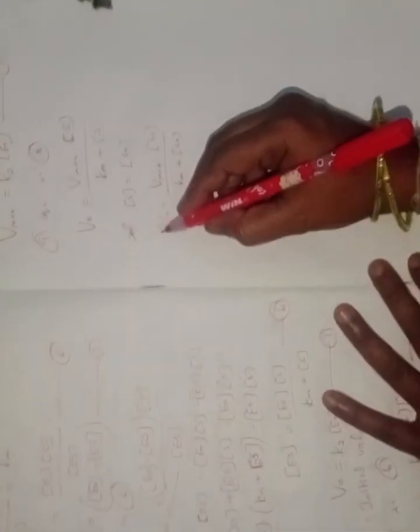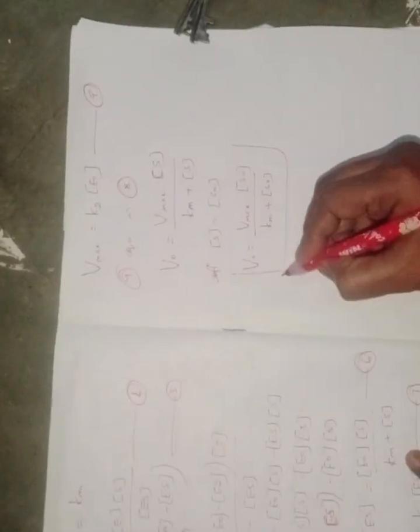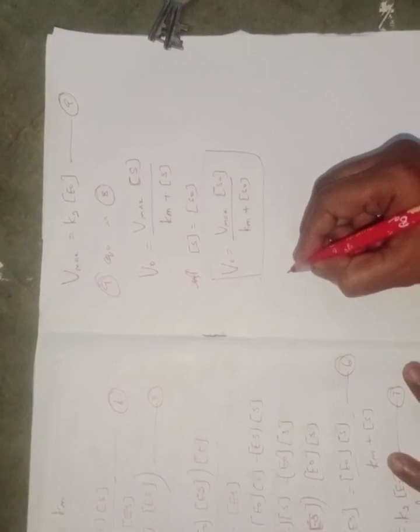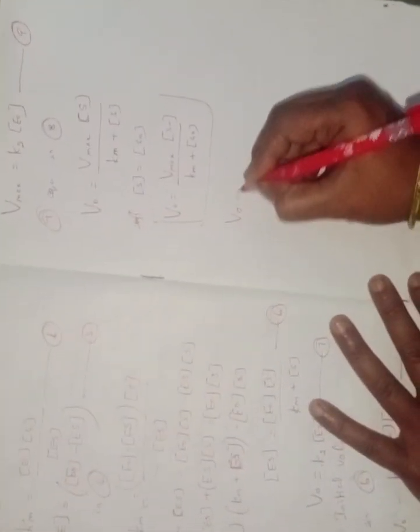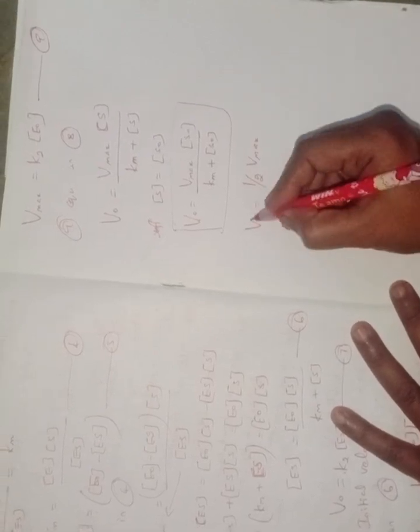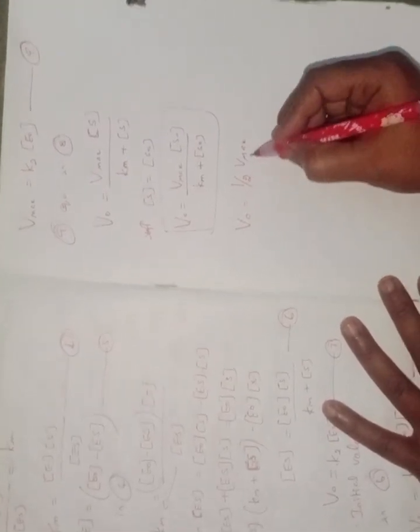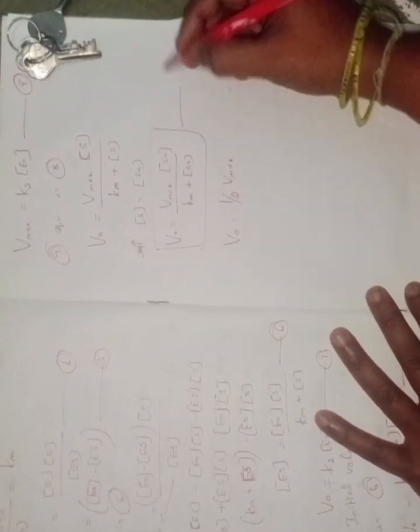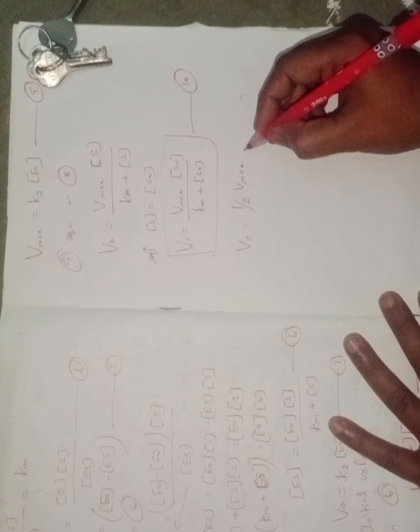Next, this is the Michaelis-Menten equation. Here the initial velocity V naught is equal to half of the maximum velocity. The final step is the tenth one.